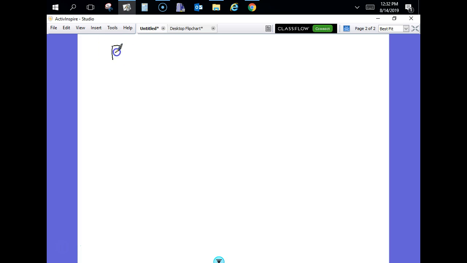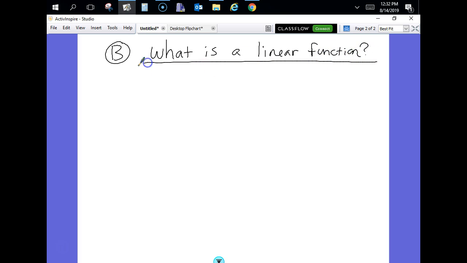So part B. What is a linear function? Because remember, we're learning about all kinds of functions this year. And this chapter in particular is about linear functions. So what's a linear function?